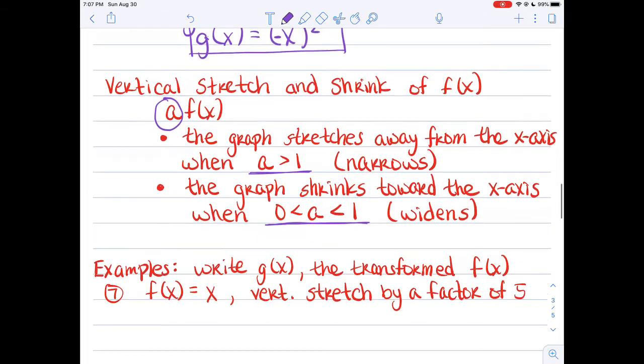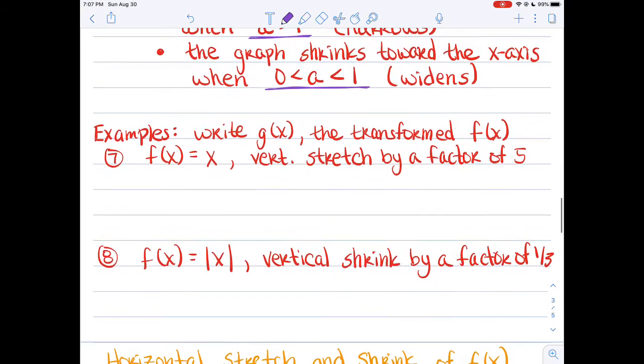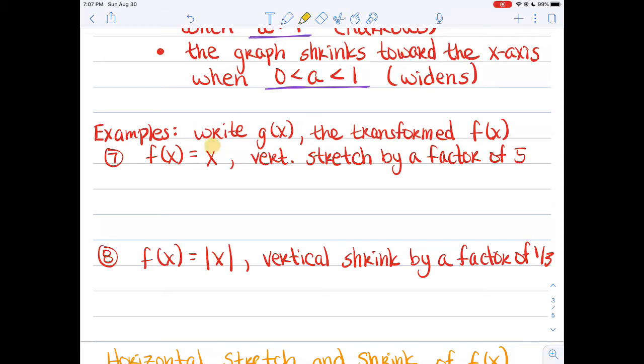So let's take a look at a couple of examples. We want to write g of x, the transformed function f of x, when f of x is equal to just our linear parent function x, and we want a vertical stretch by a factor of 5. So let's take a look at that.